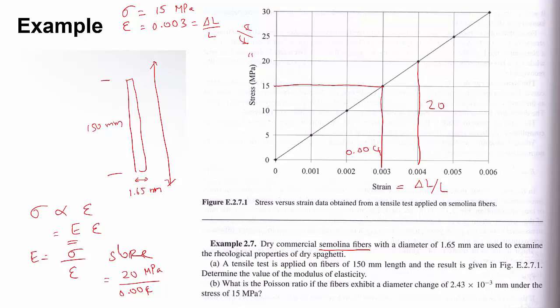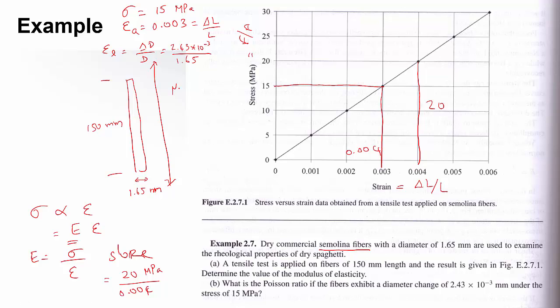That's the axial strain. The lateral strain is delta D by D, which is nothing but 2.43 times 10 power minus 3 divided by the diameter, which is 1.65.